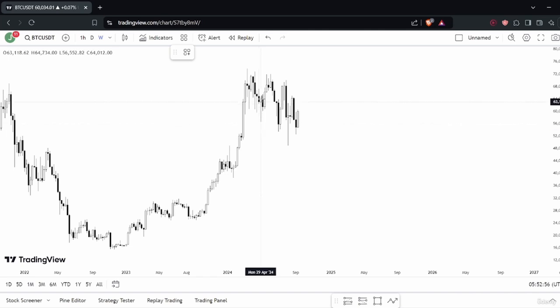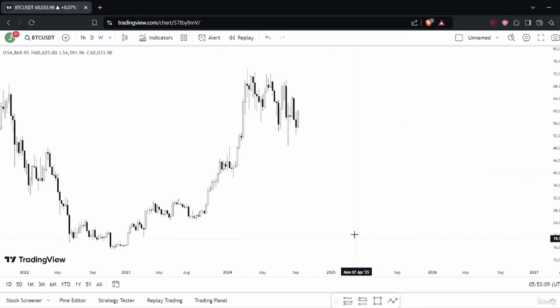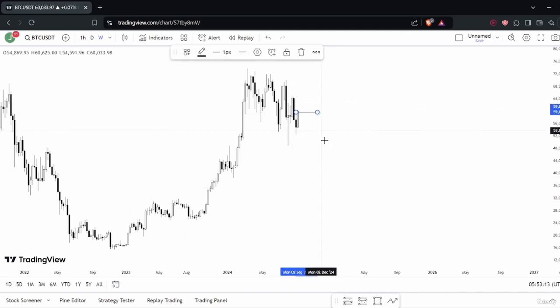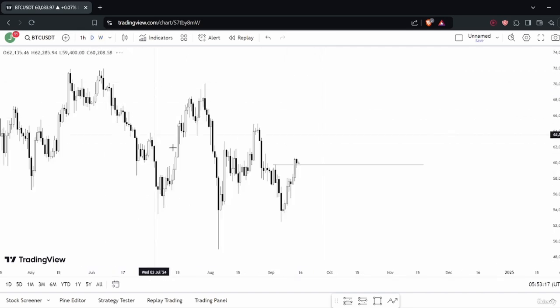So if we see price take the previous week high, we want to see how price reacts on lower time frames, because how price reacts on lower time frames will tell us a lot about what price does. For example, we're taking this previous week high right now, right?